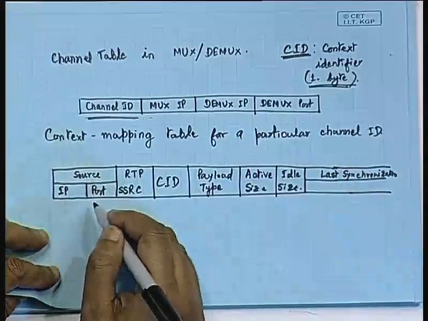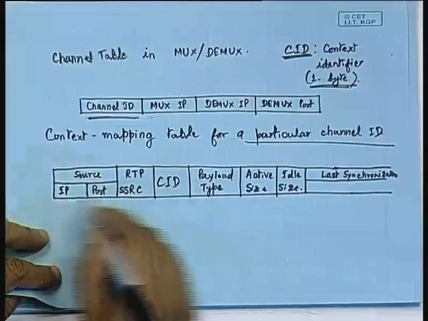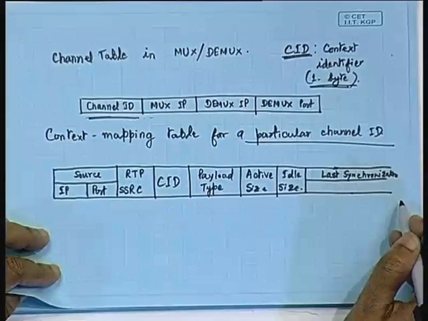The multiplexer's context ID table for a particular channel ID will contain these fields which I discussed last time.